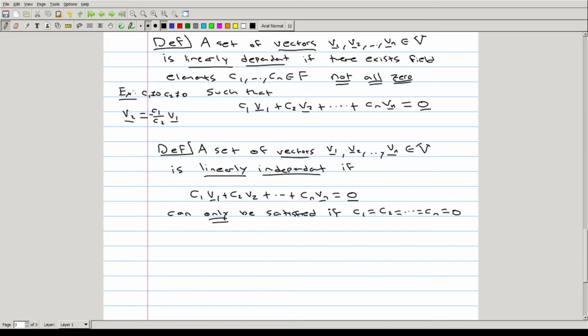And this implies that no vector in this sequence of vectors can be represented as a linear combination of the remaining vectors in the sequence.